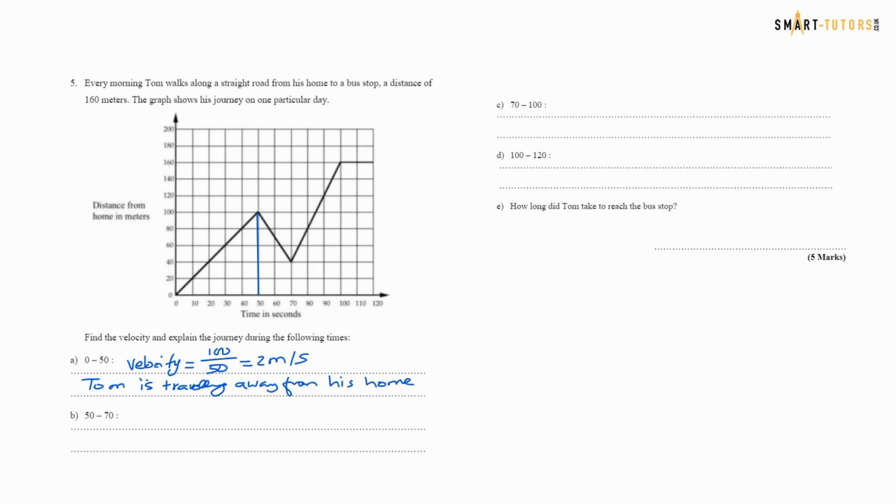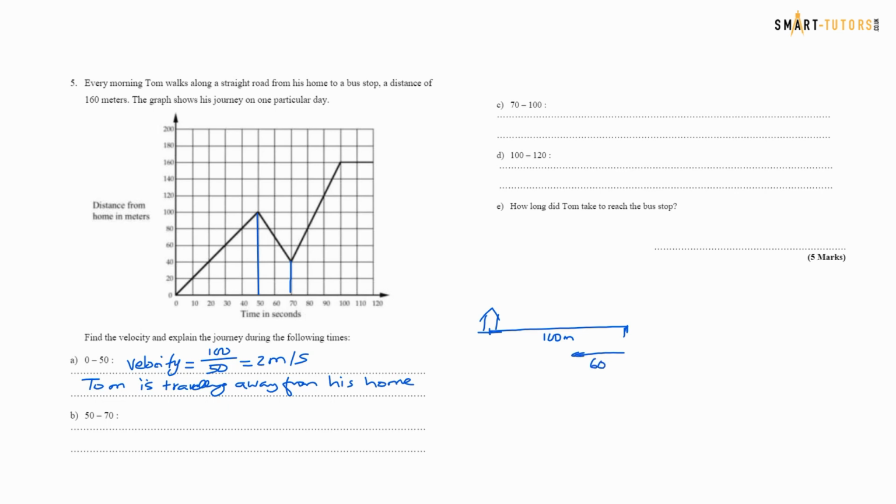Right? So 50 to 70, what's happening? For some reason, he is returning to the home. So basically he's starting from, this is his home, and he's going for 100 meters. So this is 100 meters. So from that point, he's going the opposite way for nearly 60 meters.